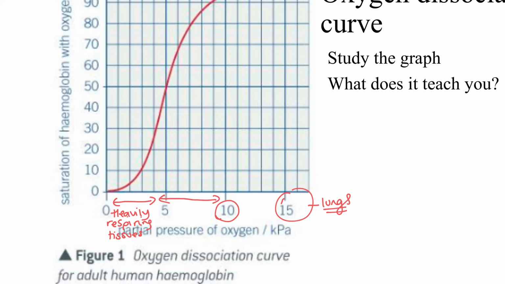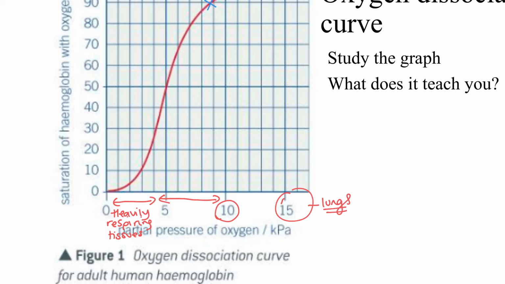So as we move away from the lungs around the body, we start to drop off the oxygen. So here we are at the lungs. Okay, up here we are fully saturated with oxygen. So we're like, okay, I've picked up all my oxygen, fantastic. And then I'm going to travel around the body. And as I travel around the body, I find that I go into areas of lower and lower partial pressures, depending on the organs and the tissues. Say I go to some skin that doesn't have a very high metabolic rate, maybe that's this part of the graph.